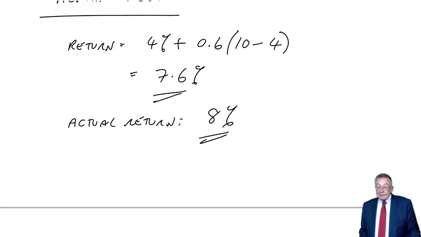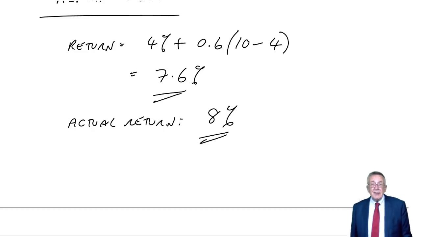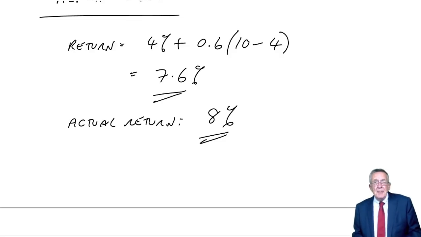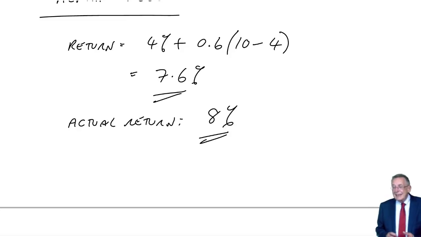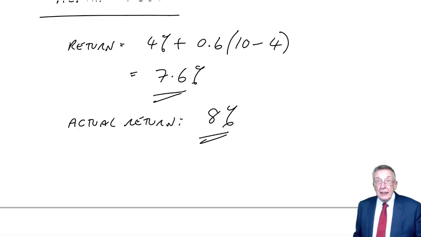Now, of course, I said a minute ago that the stock exchange isn't perfect, and that from day to day, I'm not going to be too upset if capital asset doesn't work exactly. Some days the return might be a bit more than it should be, other days it might be a bit less than it should be. Here, it's a bit more than it should be.